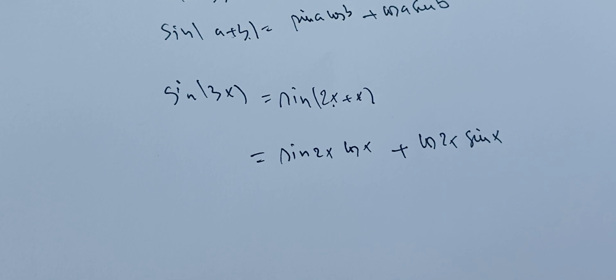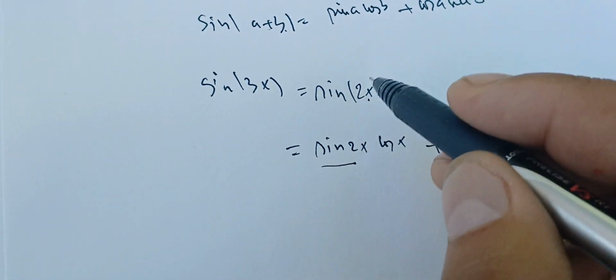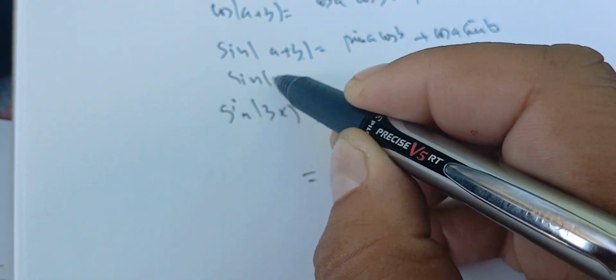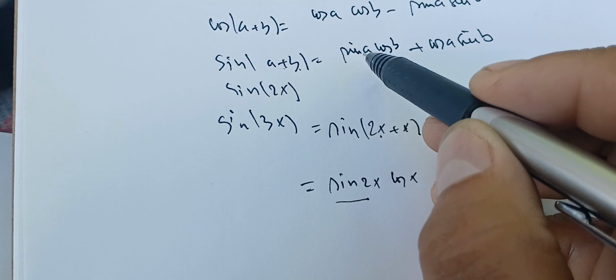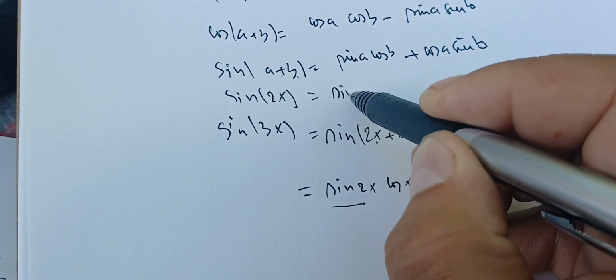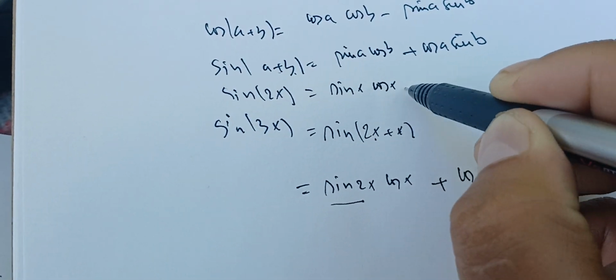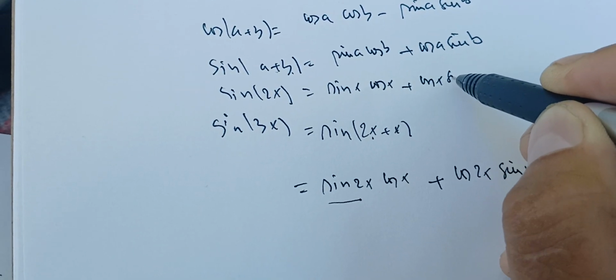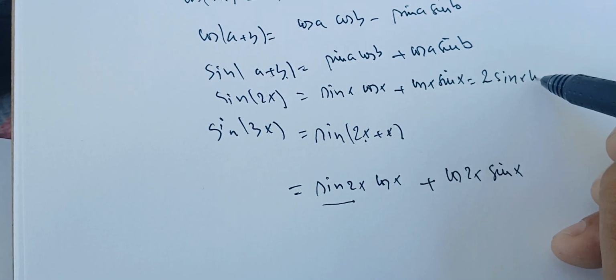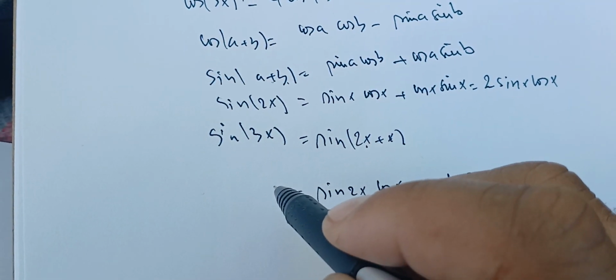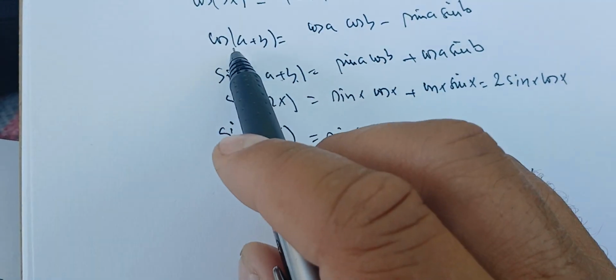We have shown in the previous video, or just from here, that the sine of 2x, given that a equals b equals x, is sine x cosine x plus cosine x sine x, which is equal to 2 sine x cosine x. We can plug it here. What about the cosine?